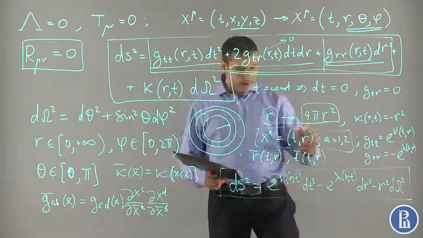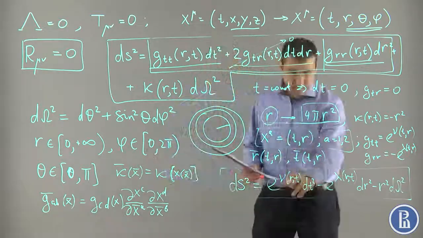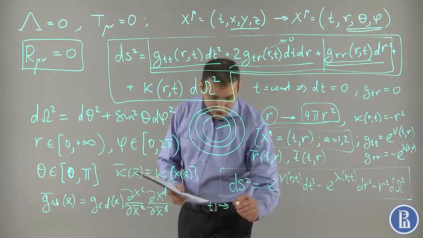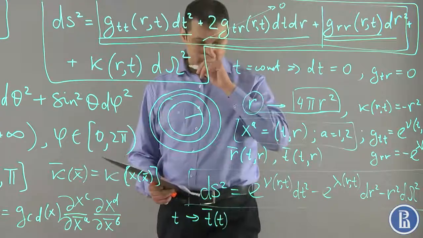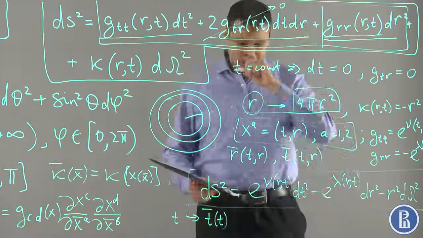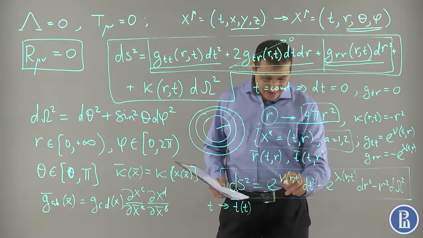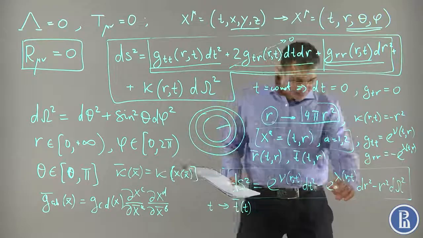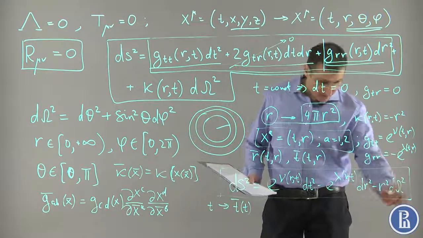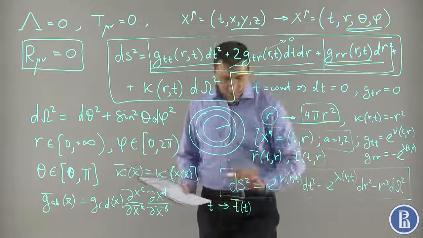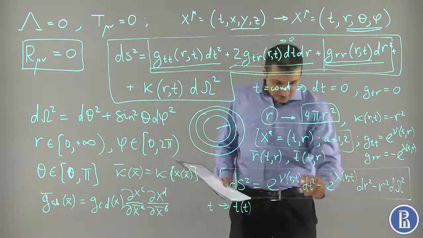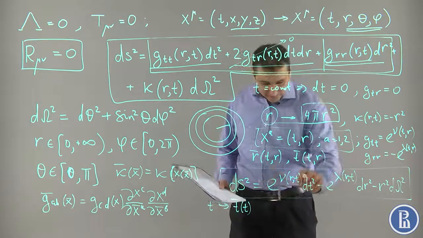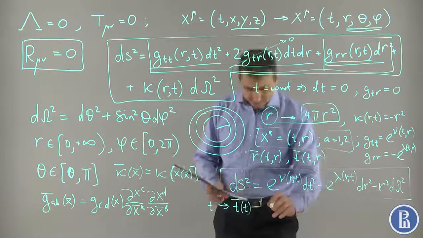But let us stress that this metric is still invariant under the remaining transformation, so we can change t to t bar, which is a function of the original t, so we can change this coordinate. We want to respect spherical symmetry, so we don't want to touch this part of the metric. That's the reason we transform only time. So if we change this, this part is changed, but then we can shift this part as follows.